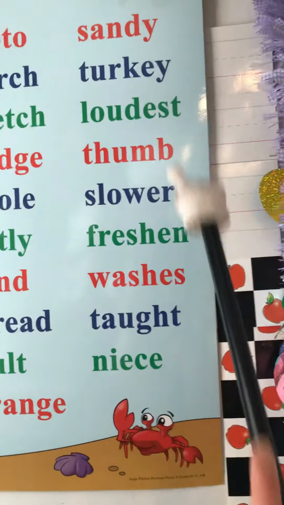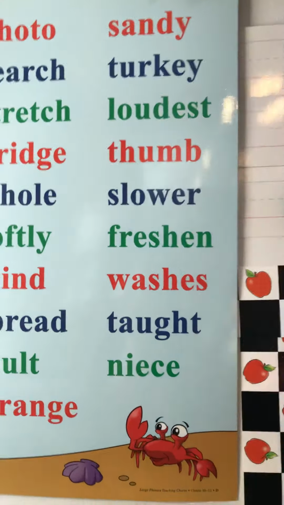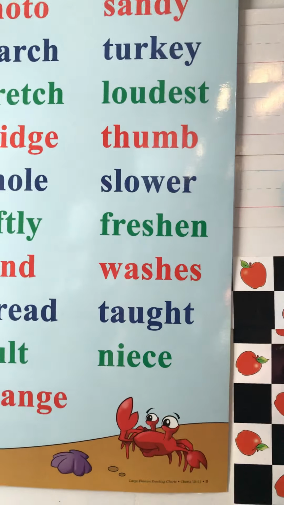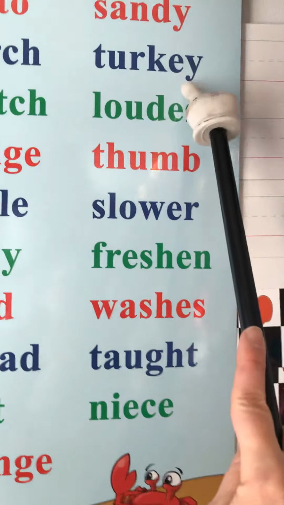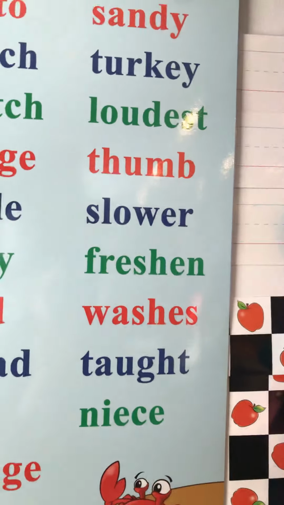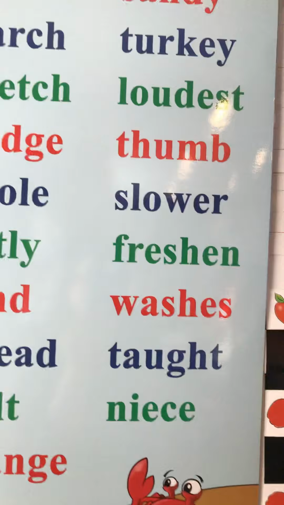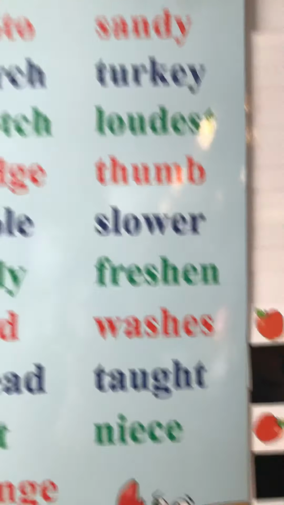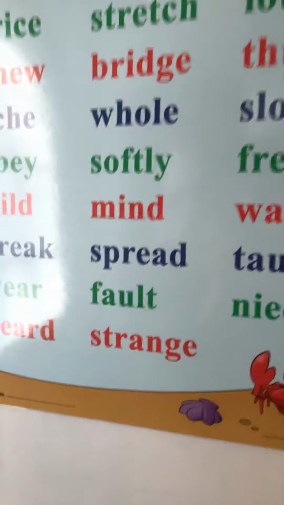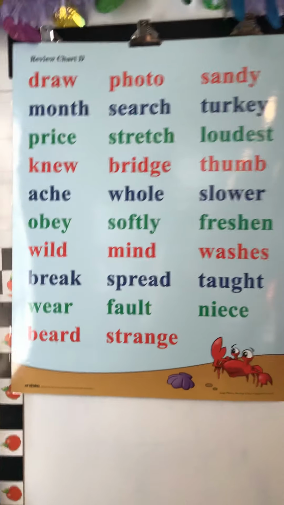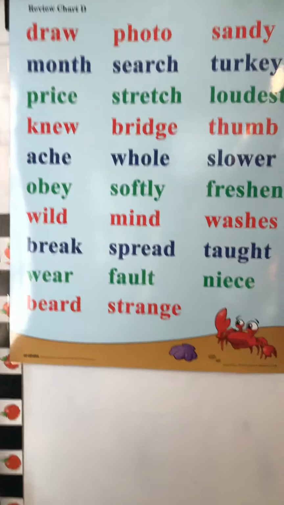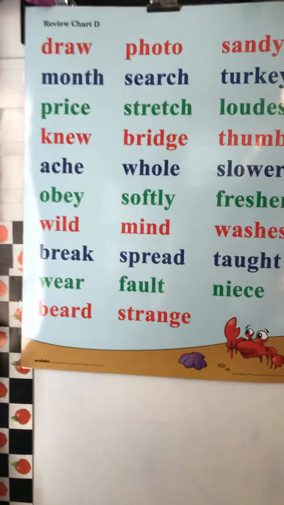Now, how do I know if it's E in key or A in obey? Well, you just have to try both of them. Turkey or turkey. And you don't really know of anything called a turkey, so you would know it's pronounced turkey. And the longer you practice spelling and reading, you will learn to recognize it pretty quickly.